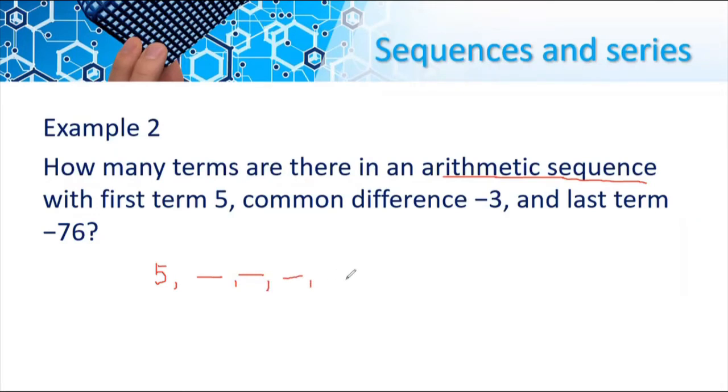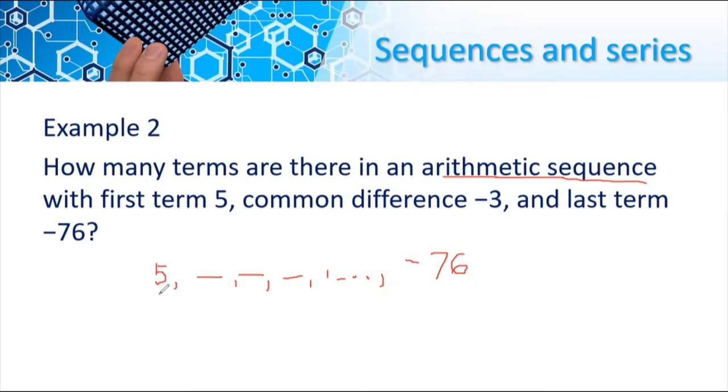Hindi natin alam kung ilan nga yan. Tapos, pero binigay niya yung last term. Ang last term daw ay negative 76. Ganyan ang parang magiging sketching yon. Tapos, may common difference na minus 3.